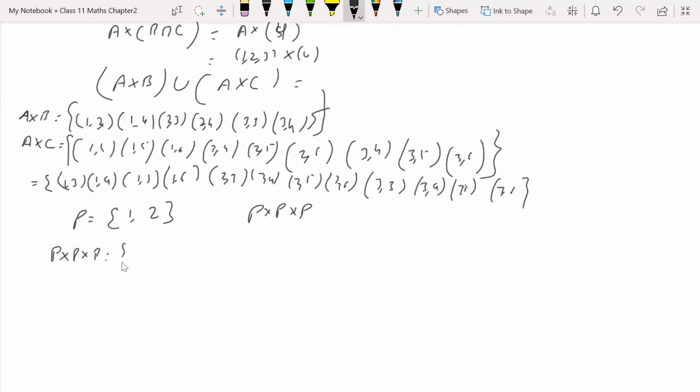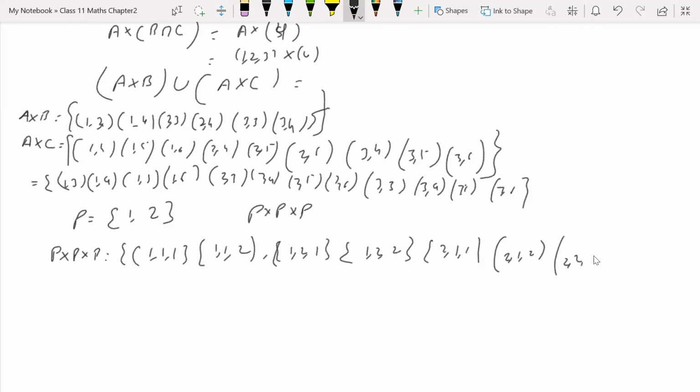We would make triplets. The first element would be (1, 1, 1), (1, 1, 2), (1, 2, 1), (1, 2, 2), (2, 1, 1), (2, 1, 2), (2, 2, 1), and (2, 2, 2).